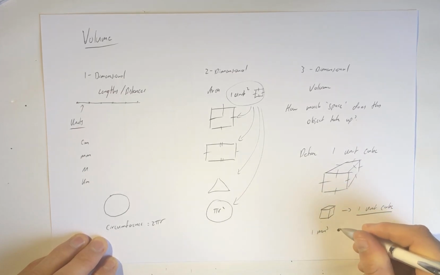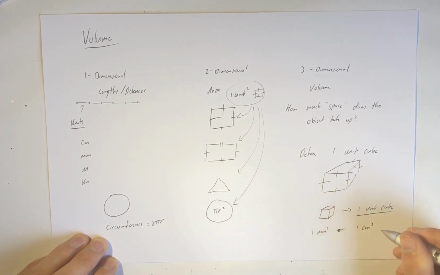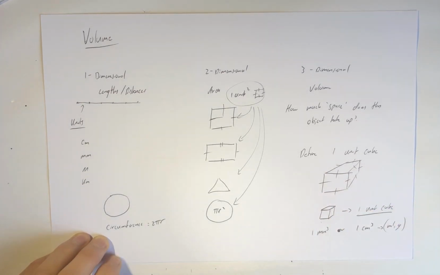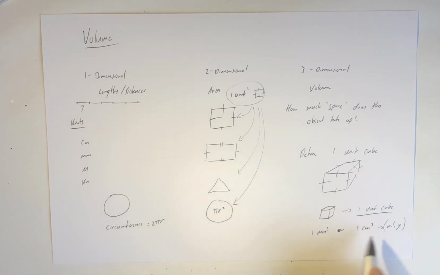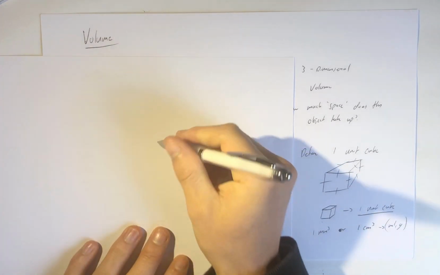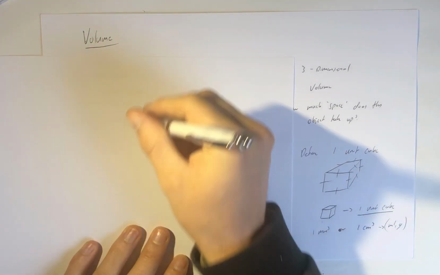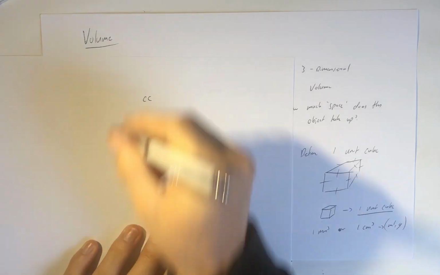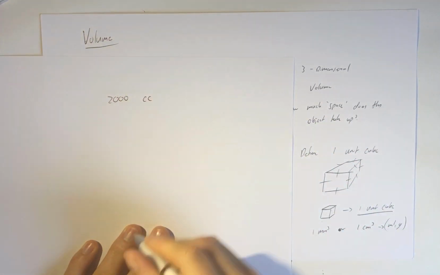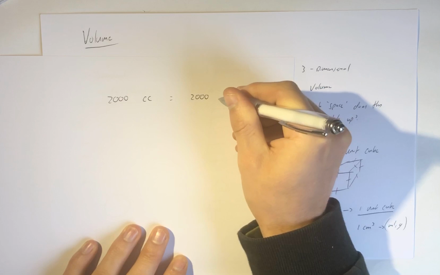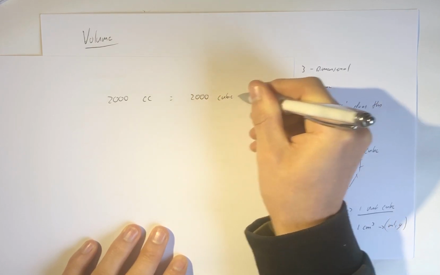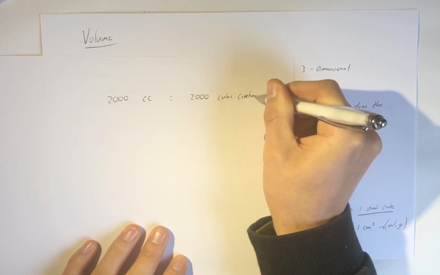or 1 centimeter cubed. And remember that 1 centimeter cubed was a mil and weighed 1 gram if it was made of water. So usually centimeter cubed is what we go for. A little side note, on motorbikes or on cars, you'll notice it is cc's. So 2000 cc is 2000 cubic centimeters.